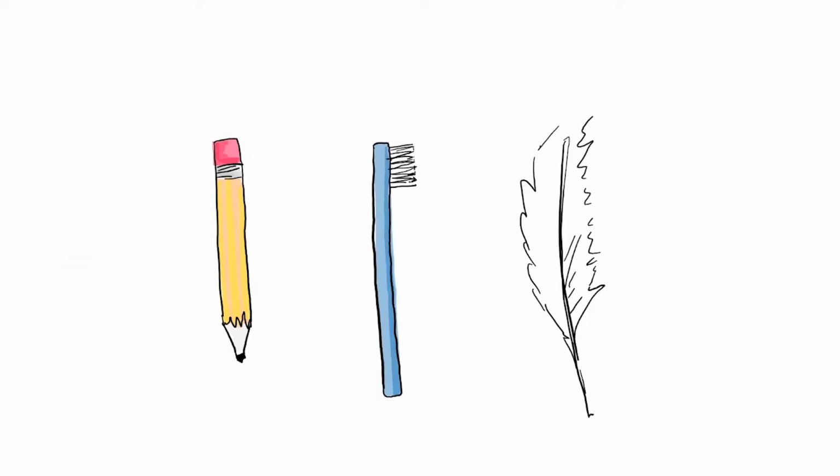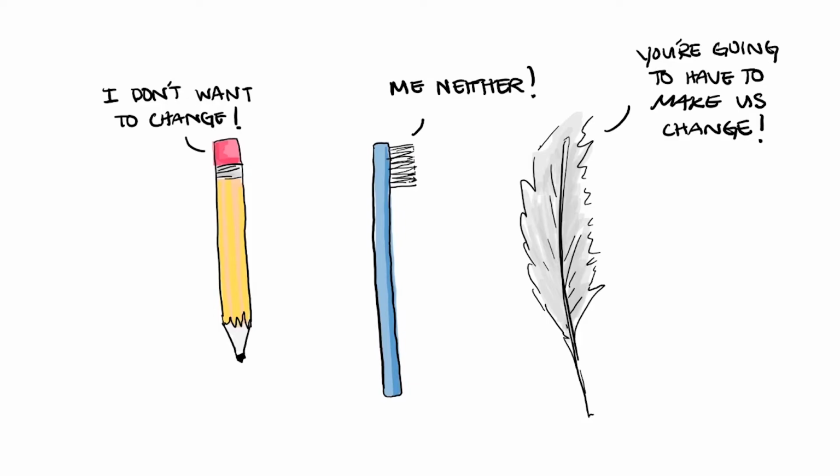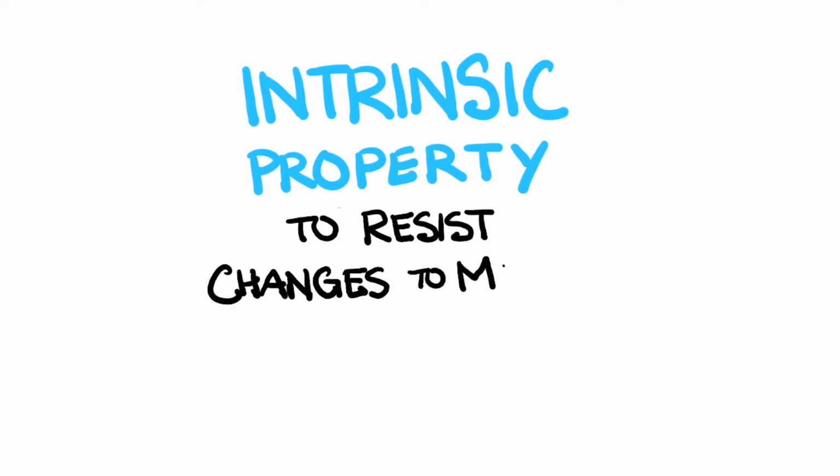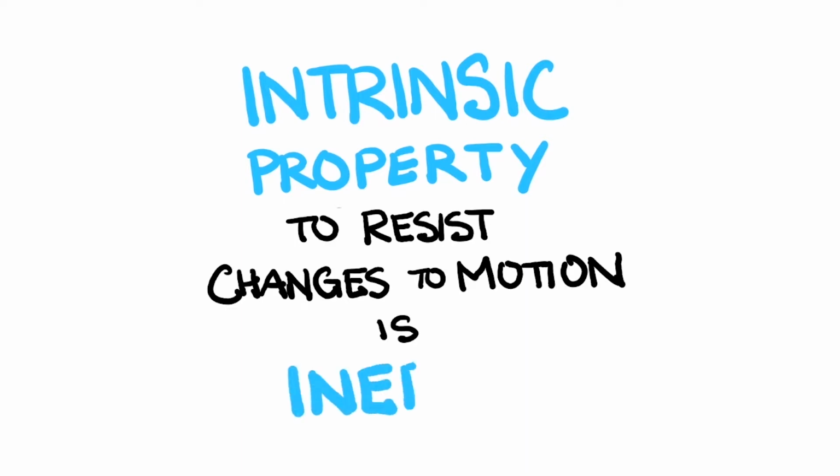Well, the best way we can explain it is to say that there's some intrinsic property that all objects have to resist changes in its motion. That is why a net external force is required to cause an acceleration. This property that all objects seem to have to resist changes in its motion is what we call inertia.